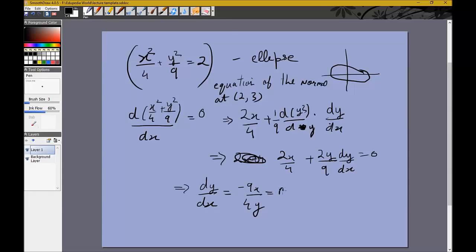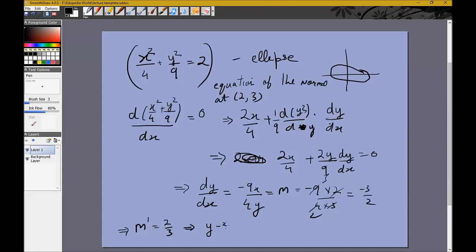So dy by dx is the slope of the tangent at 2, 3, or m, and that is equal to minus 9 into 2 by 4 into 3, which gives us minus 3 by 2, which means that the slope of the normal m dash will be 2 by 3.